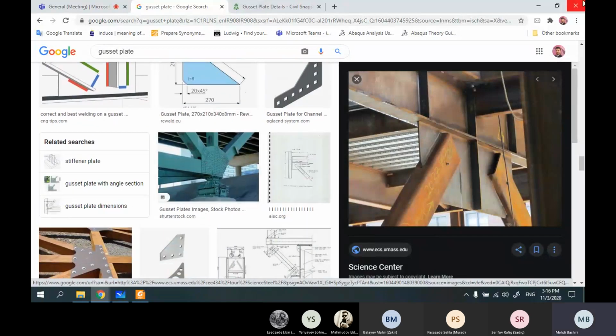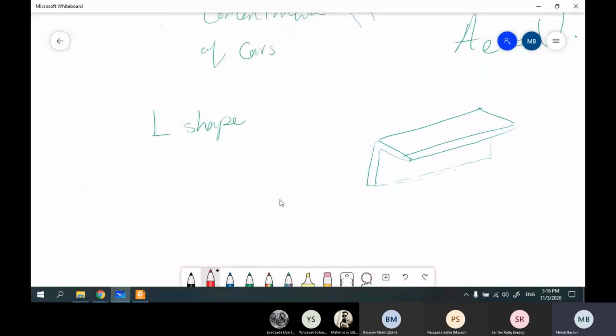I can't find it right now, but if you search, you can see. For example, in here we have an L-shaped member connected to, for example, a plate like this. With what? With bolts. Okay, everything is clear.